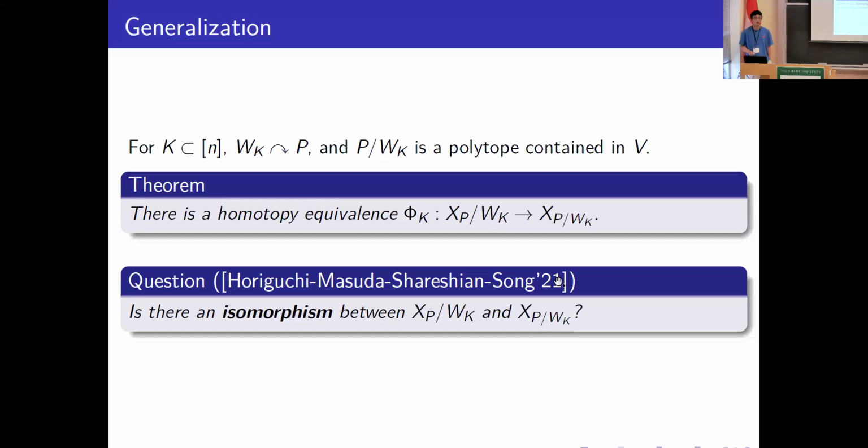And here I want to end today's lecture with this question, which was also mentioned in the paper 21, again HMSS. Is there any other isomorphism between the two objects? That's all. Thank you.